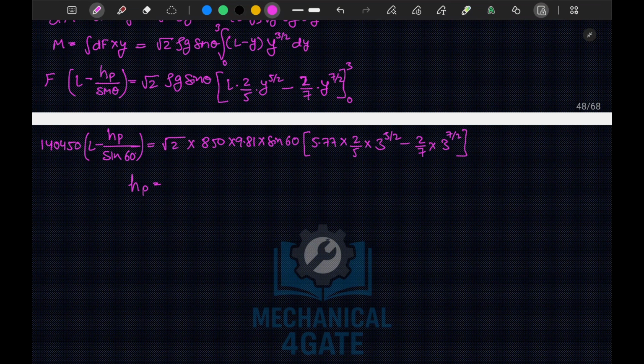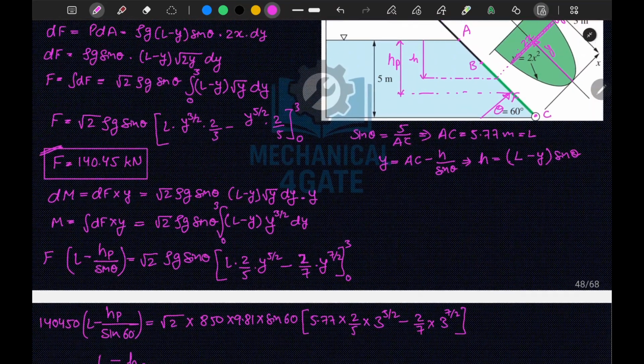Now divide it by 140,450. We have obtained 1.64. So this (L minus hp) by sine 60 value is equal to 1.64 meter, and this value is from your base.